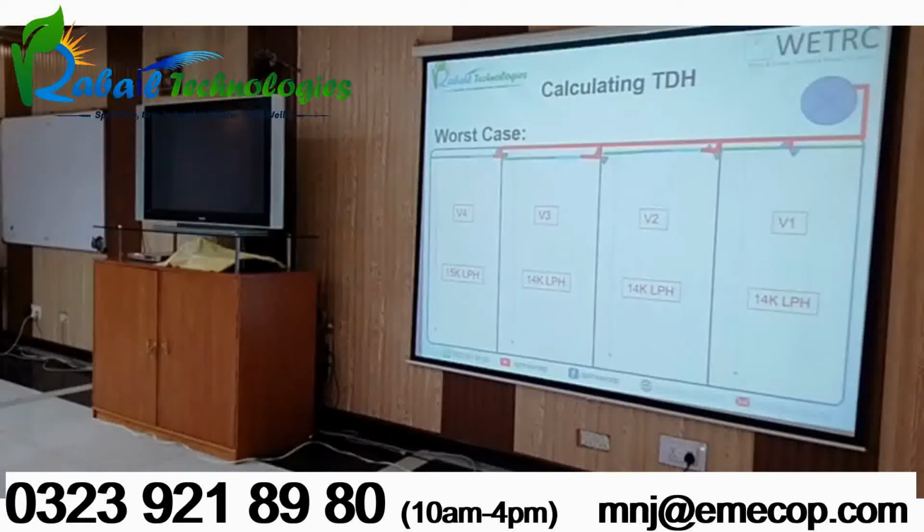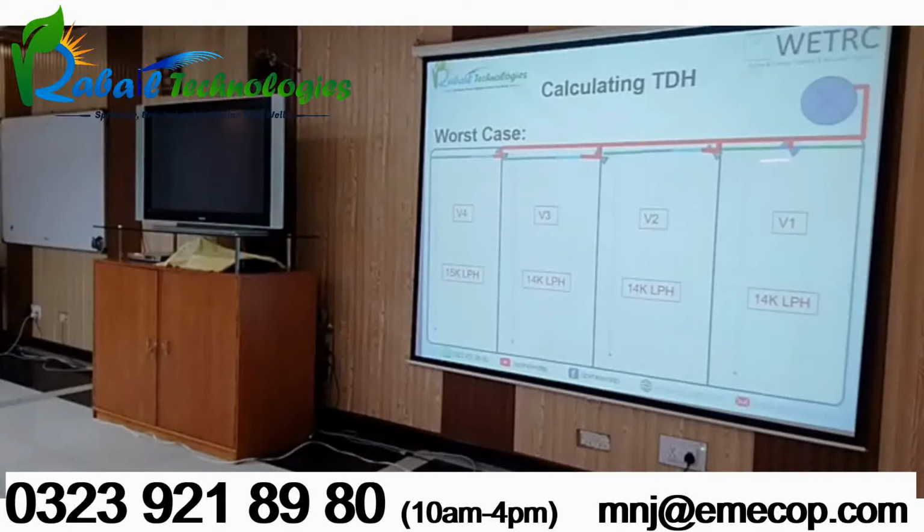So we have two options. Number one is to install a PRV, pressure relief valve, and number two, which I love the most, although it's a little high in cost, is a VFD, variable frequency drive. What a variable frequency drive does is that it monitors the RPM of the motor, which in turn, due to the affinity law, reduces the pressure and the flow of the pump.